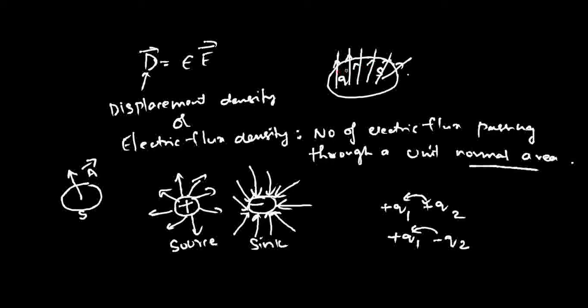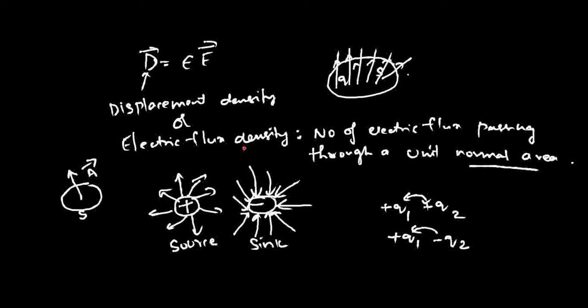We are interpreting the field in terms of some lines of flux emerging from it. So you could say that electric lines of flux are related to electric lines of field, even though there is a slight difference between these two terms. But for simplicity, we can consider that both of them are equivalent.